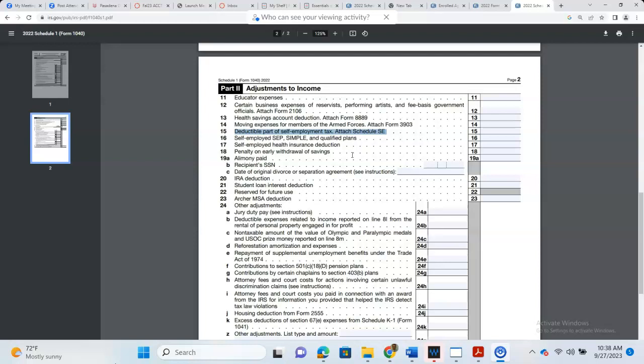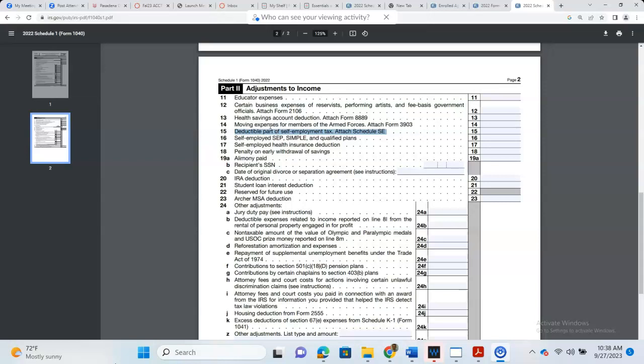We call it FICA. Because you paid the complete portion, that means you are the employer of yourself, right? As an employer, half of the Social Security and Medicare is what employers normally pay and use as a business deduction, payroll tax expense. So the same concept is here: deduct half of that FICA tax, Social Security and Medicare, that you paid for yourself, from your income.